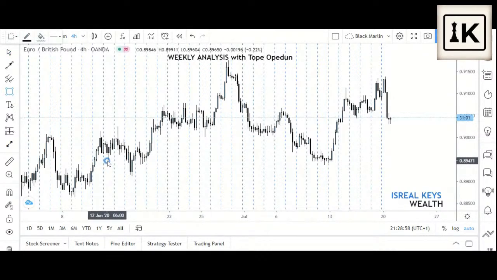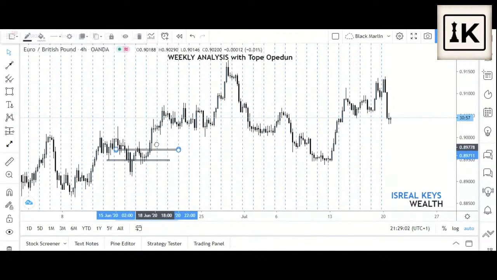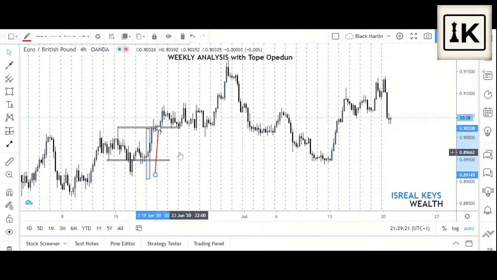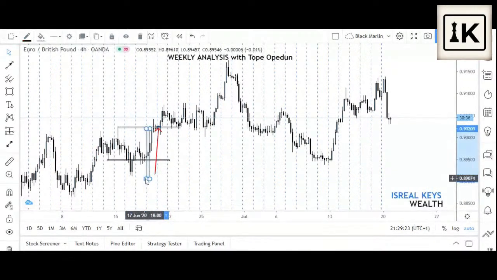So we had this stop hunt, price rallied, broke structure over here, and instantly gave me the mindset that if price returns within this range over here, so 1, 2, I'm looking for number 3. So I'm looking for an entry in that area.